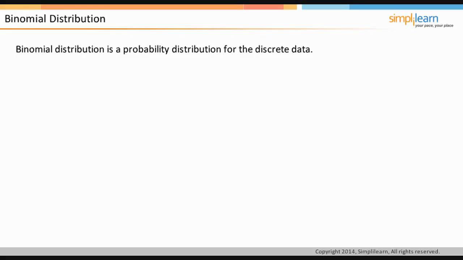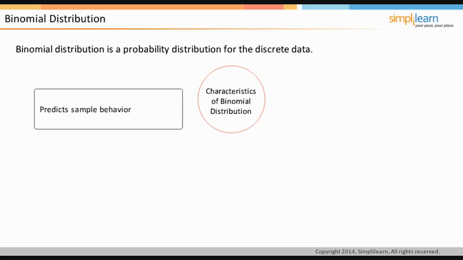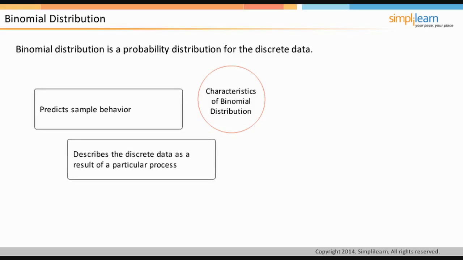Binomial distribution is a probability distribution for discrete data. Named after the Swiss mathematician Jacob Bernoulli, it is an application of popular knowledge to predict the sample behavior. Binomial distribution also describes the discrete data as a result of a particular process, like the tossing of a coin for a fixed number of times, and the success or failure in an interview.